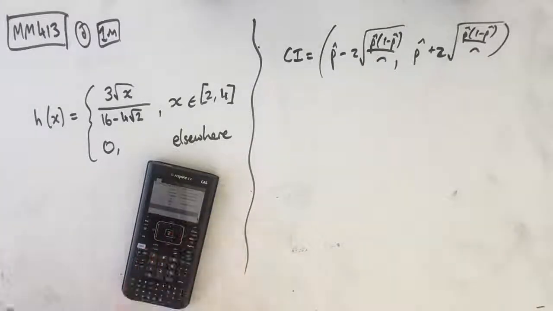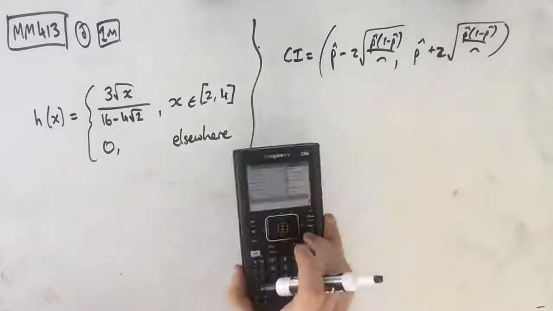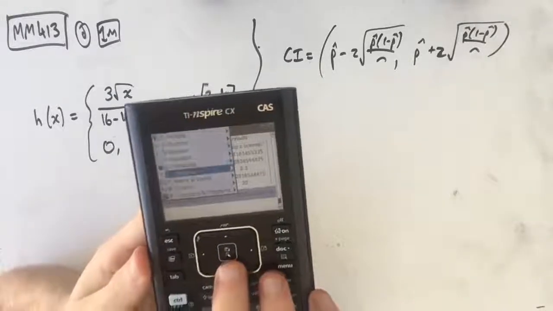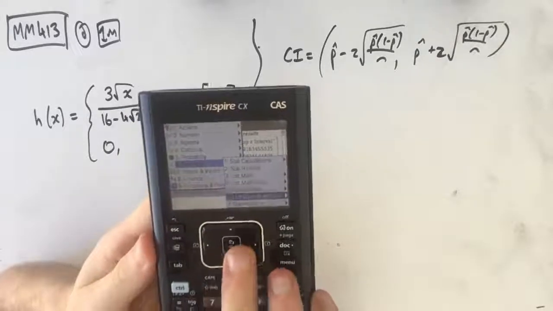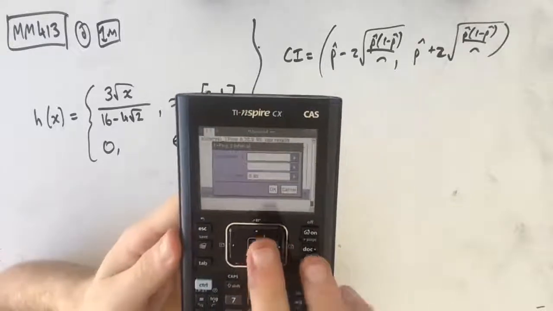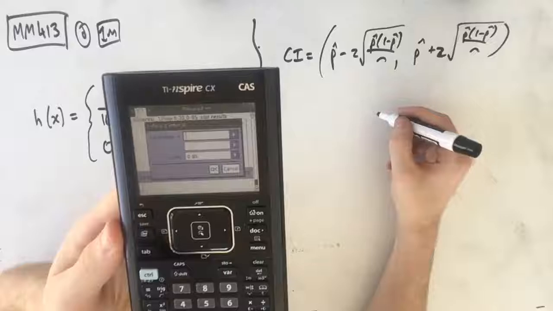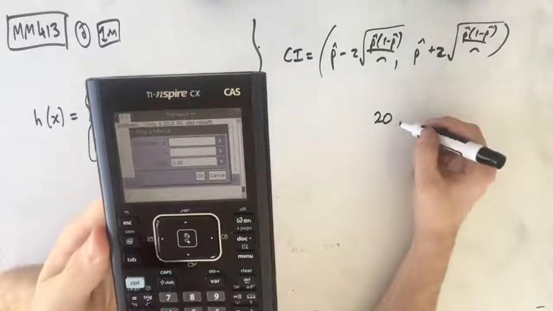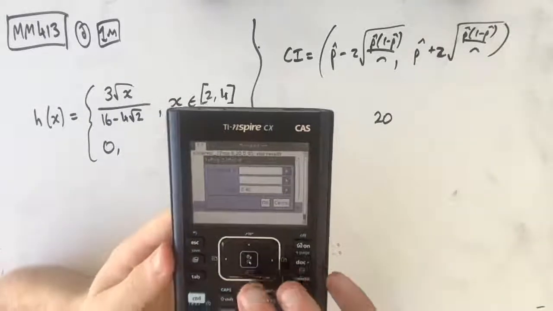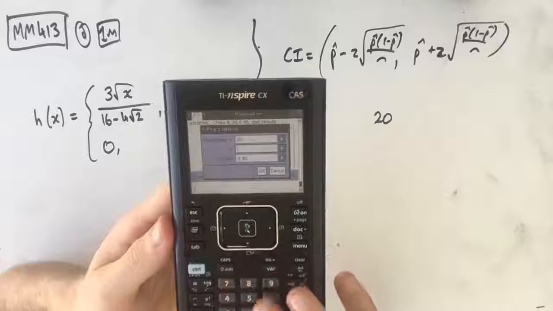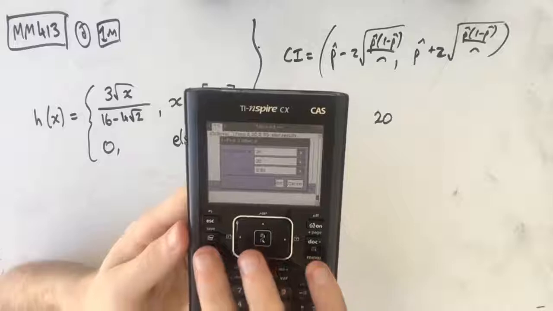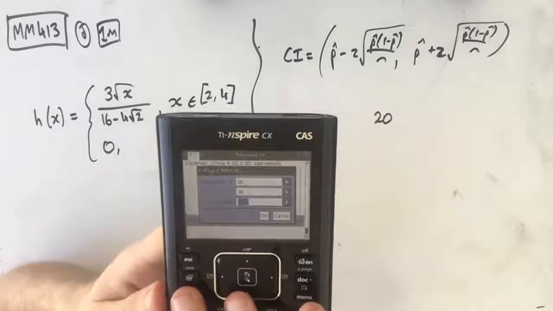So grab your CAS, and go to menu 6, statistics, confidence intervals, and then 1 prop Z interval. He's told us that there's 20 that contain more than 2.5 kilograms of honeycomb out of the 30. So we've got 20 successes, 30 total hives, and our confidence level is 95%, so we can leave that as 0.95.